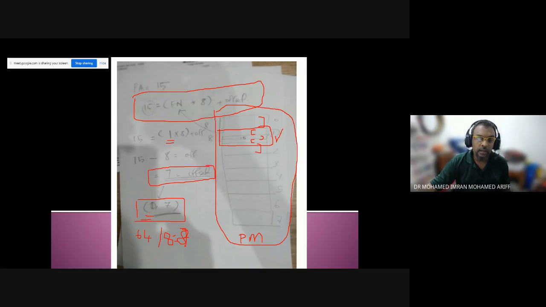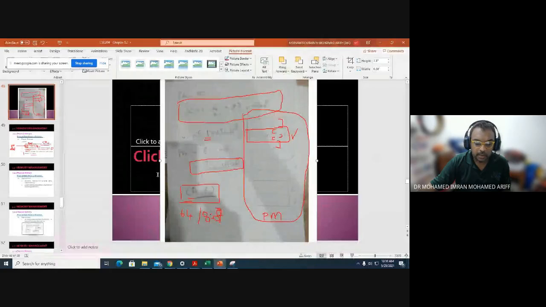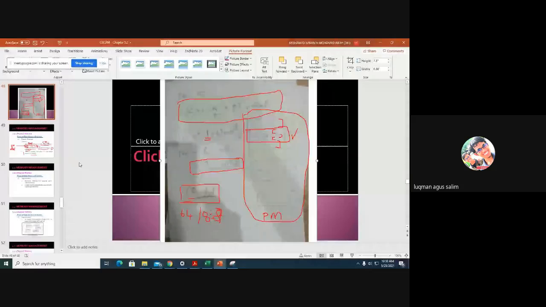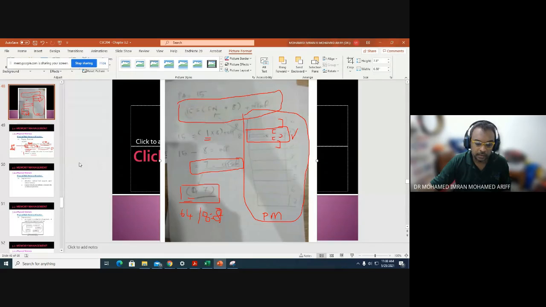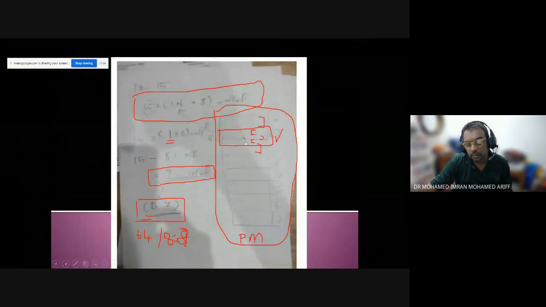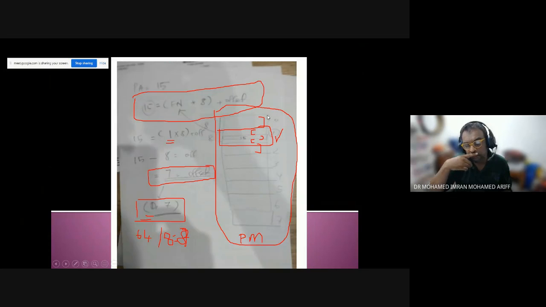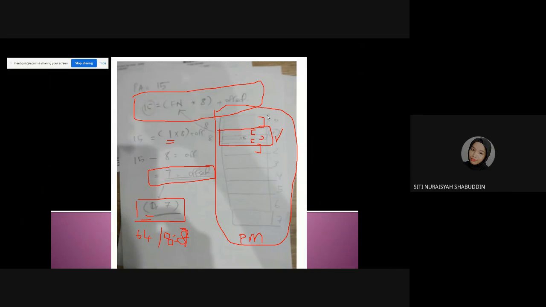Okay. Alright. Now, let's try to do, okay, remember this. Kenapa physical address tadi kat nombor 1 tu, frame number 1? Kenapa dia dekat sana? Good question. Kenapa 15 ini berada kat sini? Sebab, saya besarkan balik. Okay. Sebab setiap satu frame ini size dia 8, betul tak? Okay. Betul. 8.